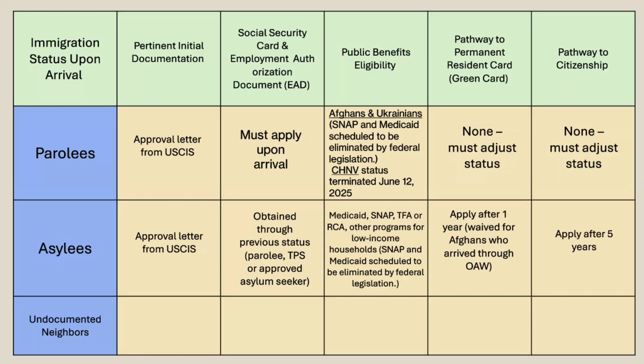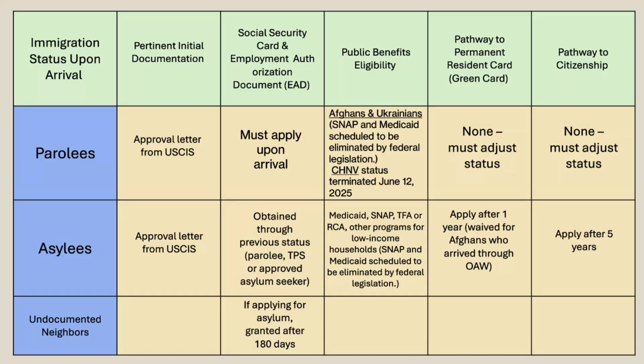There's an exception, and that is Afghans who arrive through Operation Afghans Welcome, and they're able to submit applications on an expedited timeline. And then we can move on to our undocumented neighbors. They may arrive with passports or other documentation from their home country.